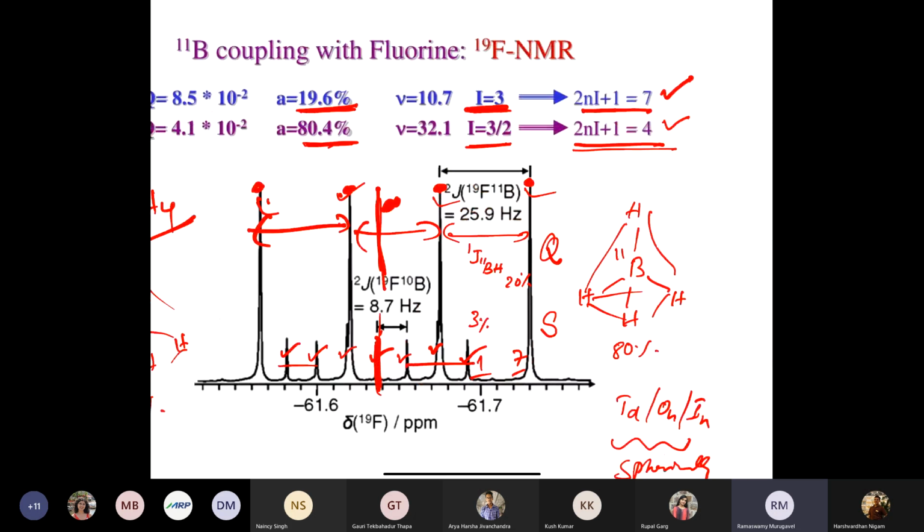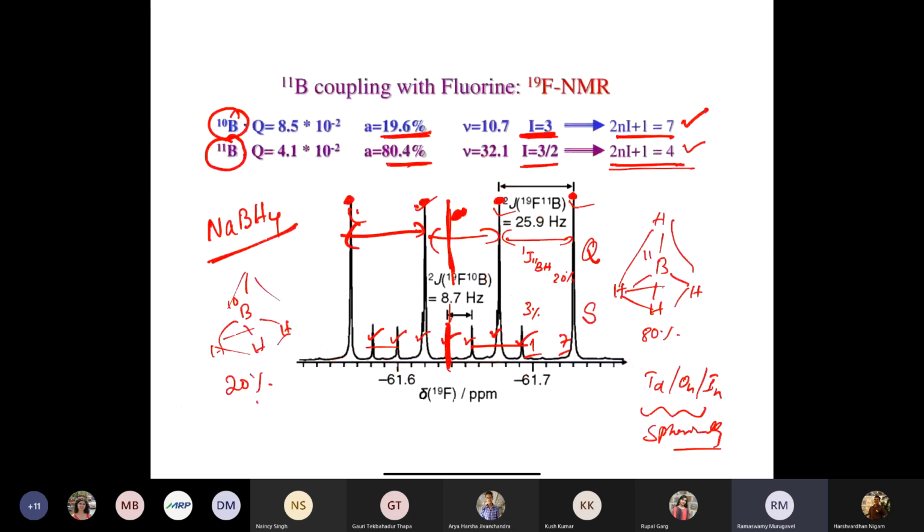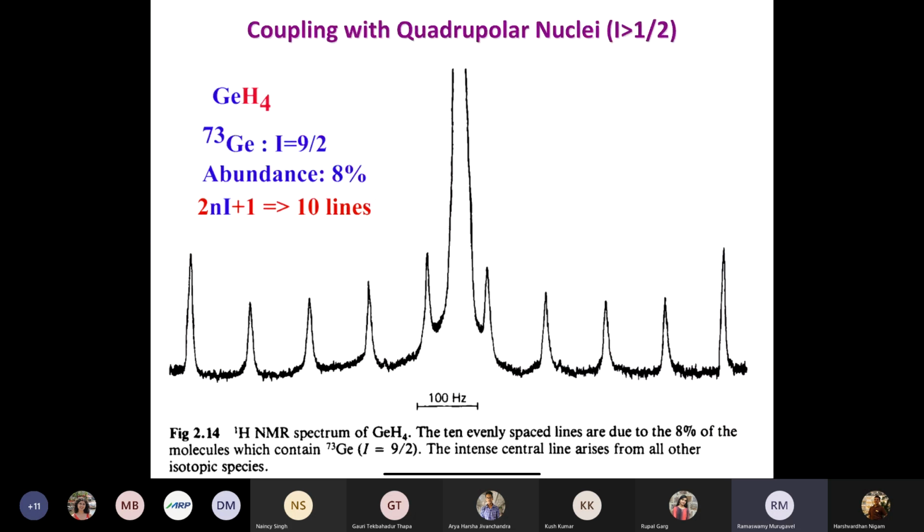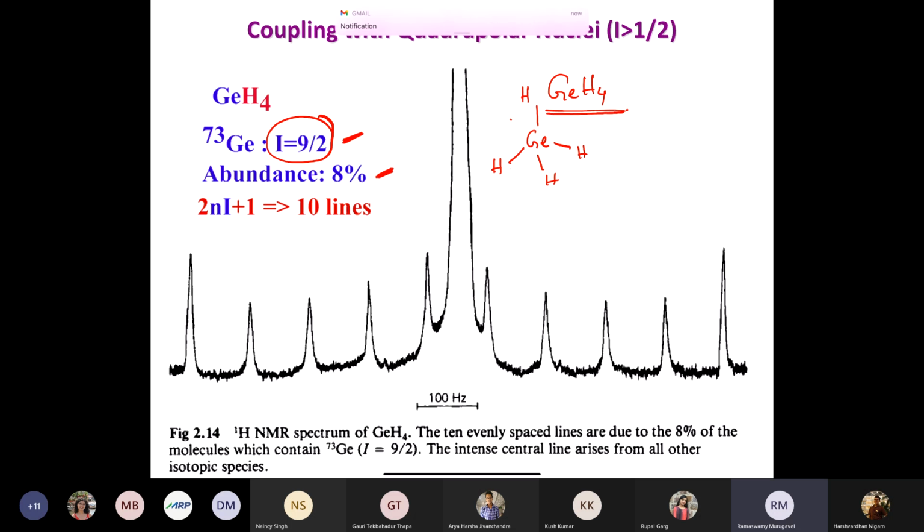So these are some very interesting molecules. But my favorite example is this one, GeH4. Germanium is a quadrupolar nucleus, but in a tetrahedral field. Germanium-73 has an abundance of 8% and I equal to 9/2.